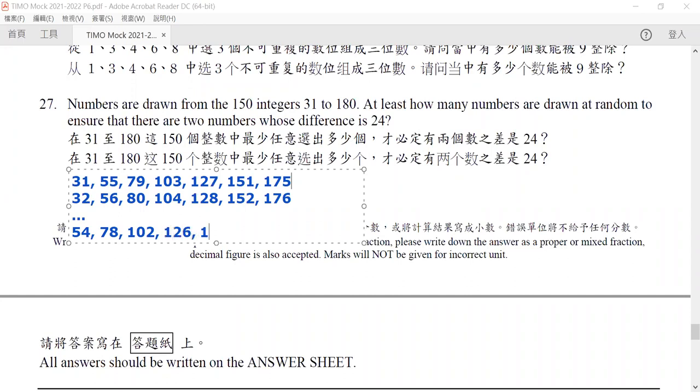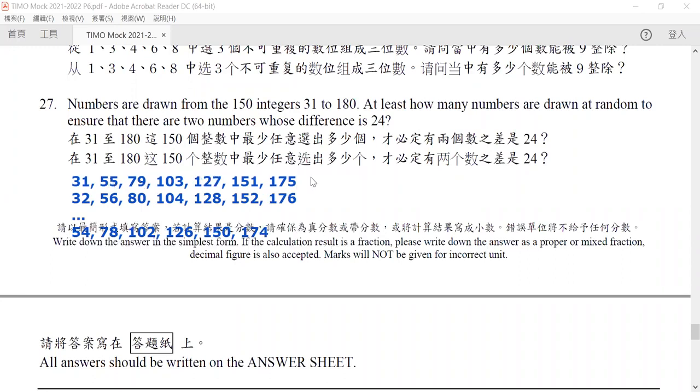126, 150, and 174. Now in here you can see that for all the terms within the first one, every time you see the words at least, you are thinking about the principle of the worst case scenario. You're thinking about the worst case.